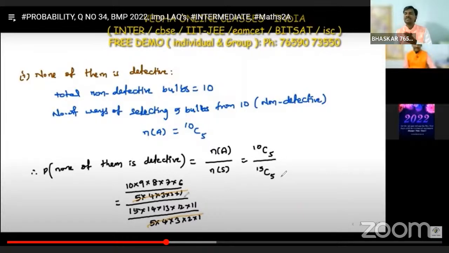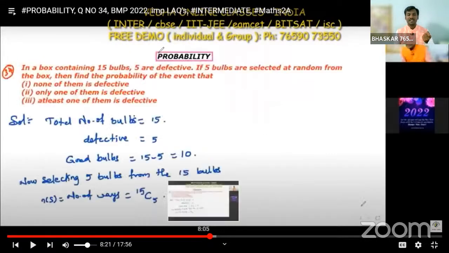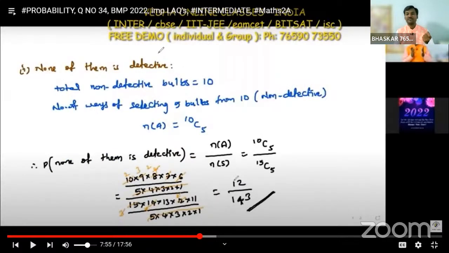Similarly 15C5 is 15 into 14 into 13 into 12 into 11 divided by 5 factorial. We can cancel the 5 factorial in both numerator and denominator, and after cancellation we get 12 divided by 143.